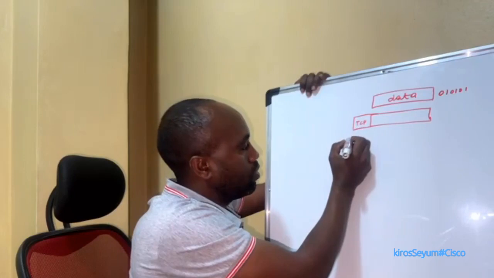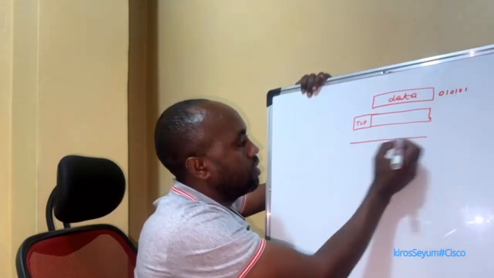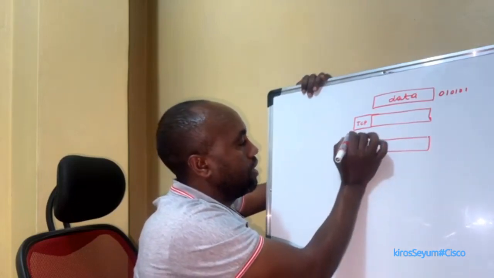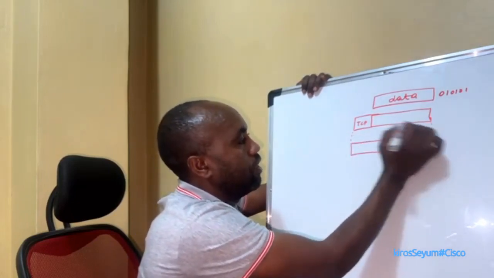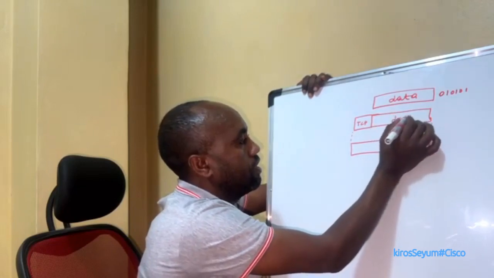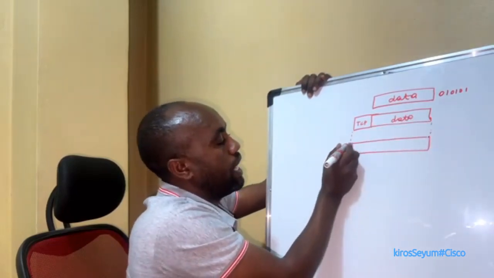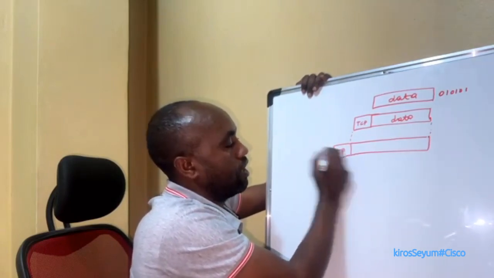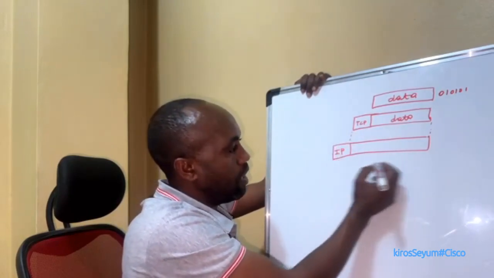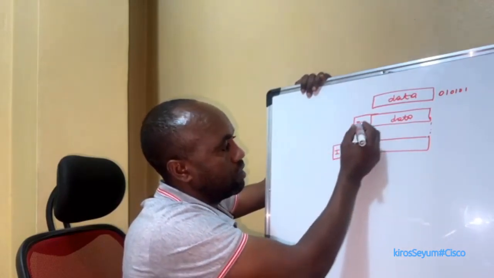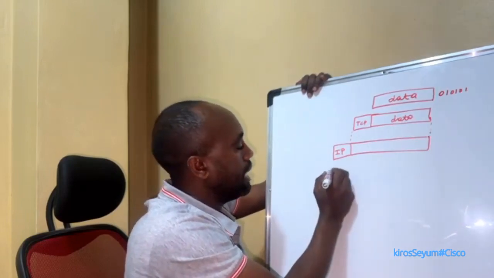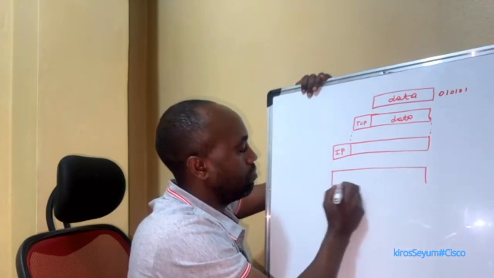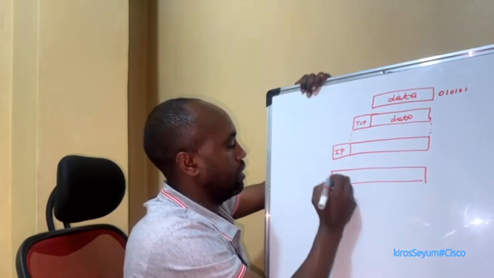This goes on to be data for the IP. So including the TCP and the data, it is data for the IP. So we add some encapsulation here, the IP header. And the whole IP header with this TCP and data will be encapsulated for what we call a frame.